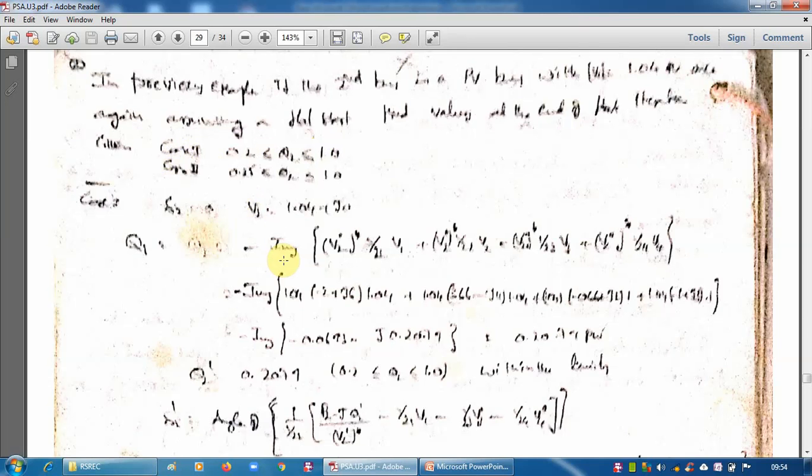First bus is slack bus. Second bus is previously load bus, but now this is PV bus or generator bus. Therefore P and V are given. P is already given, and now V is given as V2 equal to 1.04, and also these are the reactive power limits.